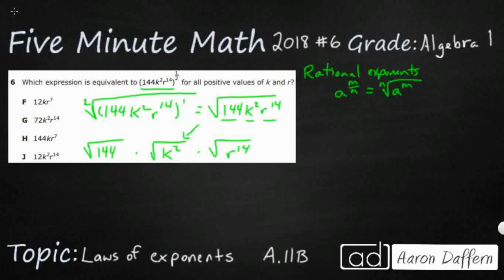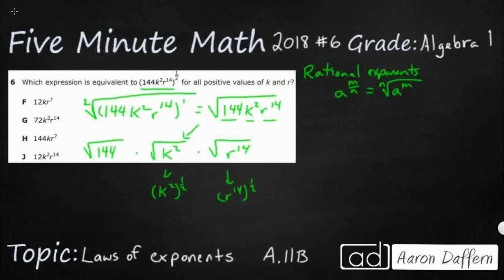I can view it like that, or, because the 144 is fine, I could bring it back here and say it is k squared to the 1/2 power, because that's what square root means, and r to the 14th to the 1/2 power. Either one of these situations works, but let's do this second situation.